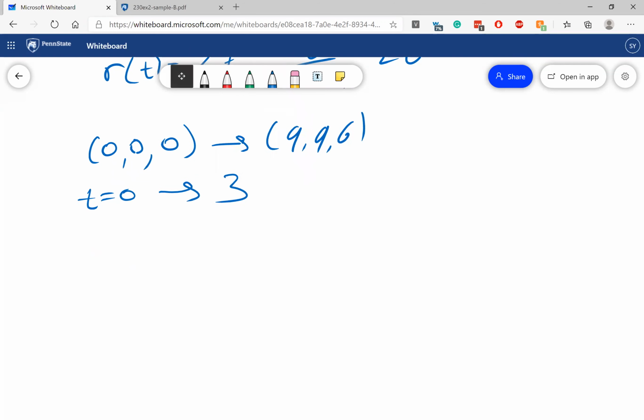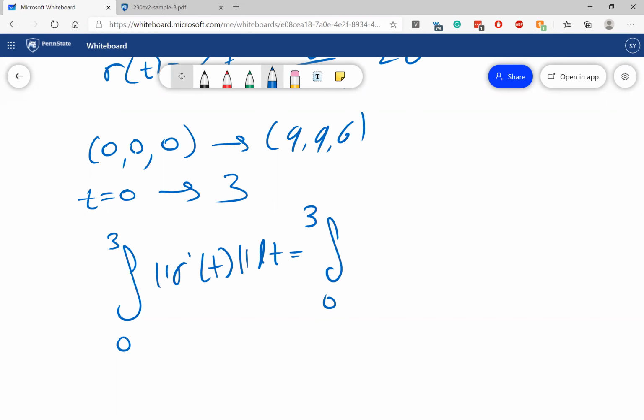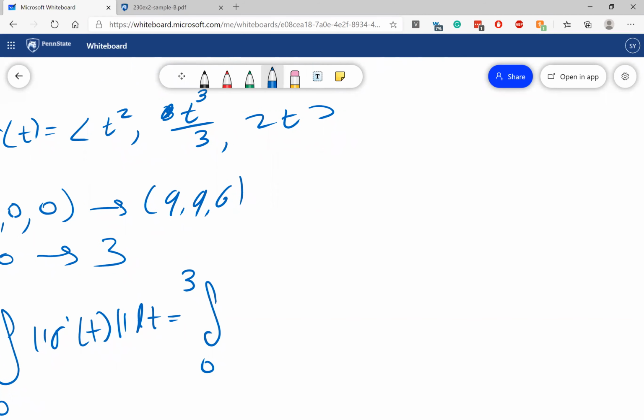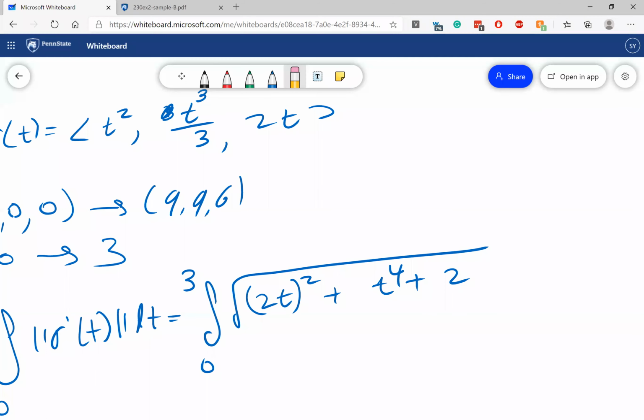So we know that the arc length would be the integral from 0 to 3 of the magnitude of r prime of t dt, which would be the integral from 0 to 3 of the square root of 2t squared plus, okay, the 3 comes down and cancels, so t to the 4th plus 2 squared dt.